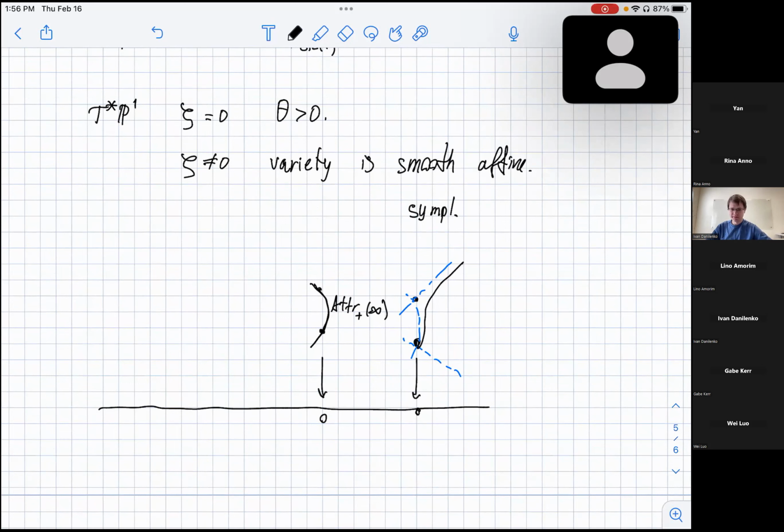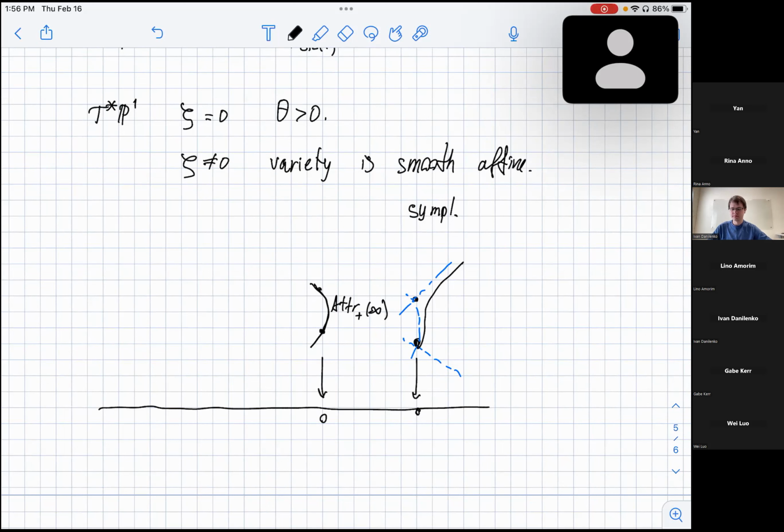Yeah, actually, there is kind of a more complicated model for that, where at zero you put a moduli of Higgs bundles with a cis direction, and at z not equal to zero it's a character variety.